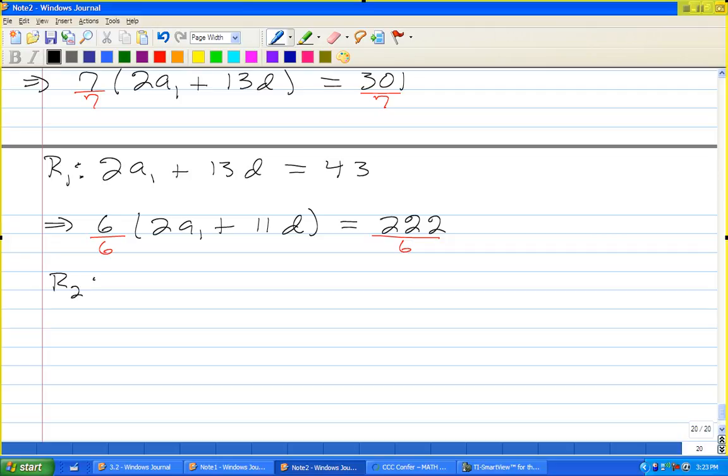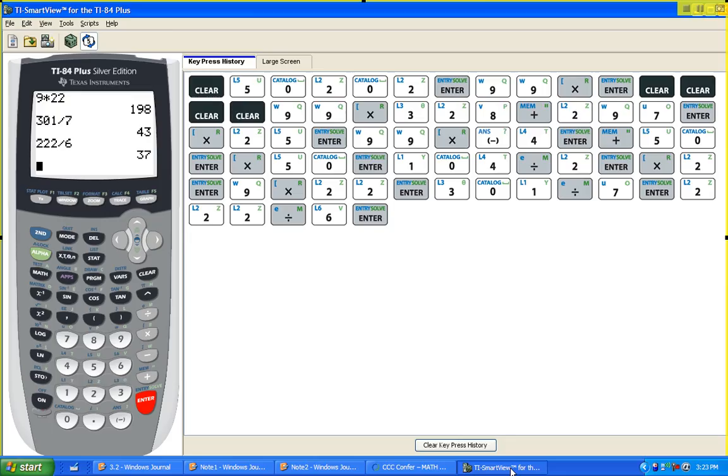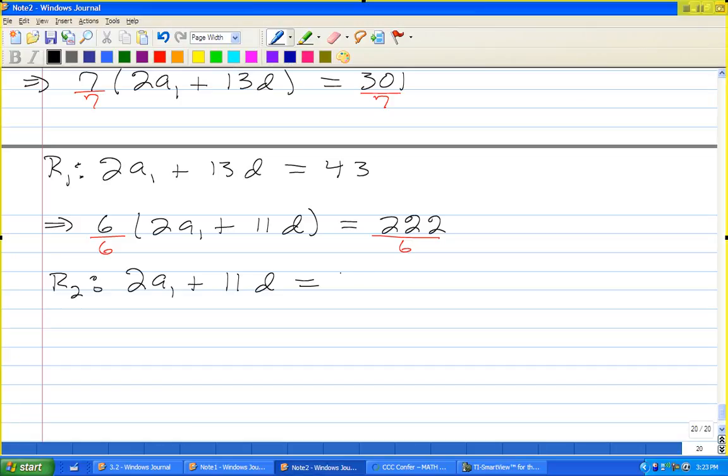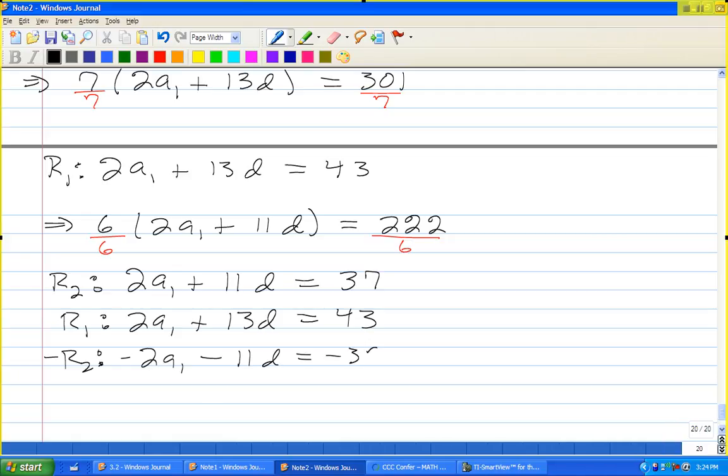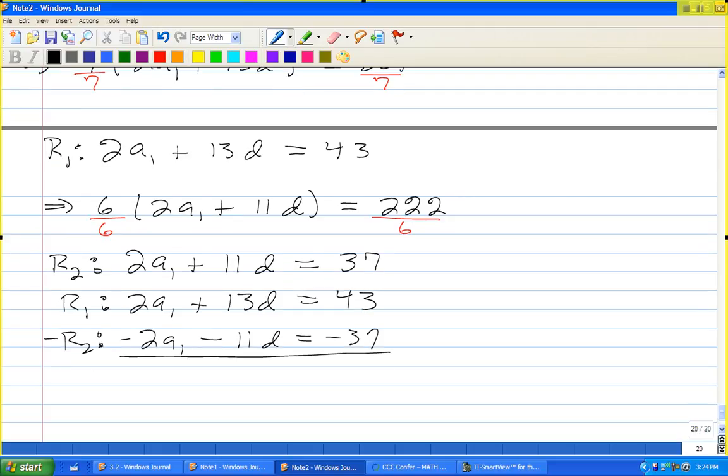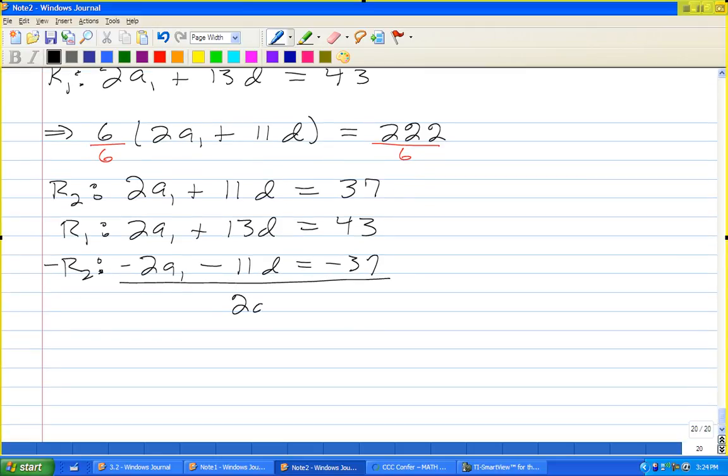So I have 2A1 plus 11D is 37. Okay. So now let's just take R1, subtract from it R2, and so I get 2D equals 6. So D is equal to 3.